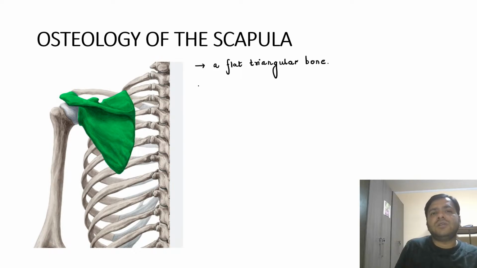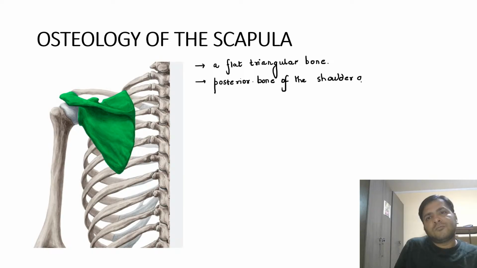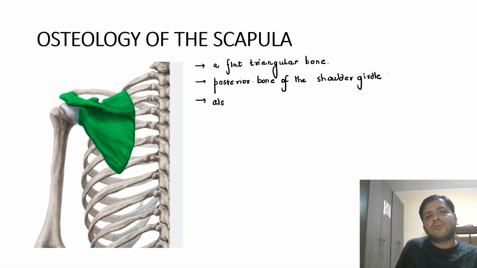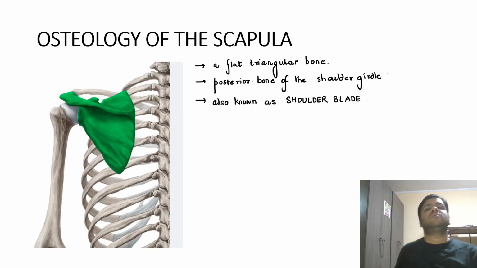It is the posterior bone of the shoulder girdle, also known as the shoulder blade.